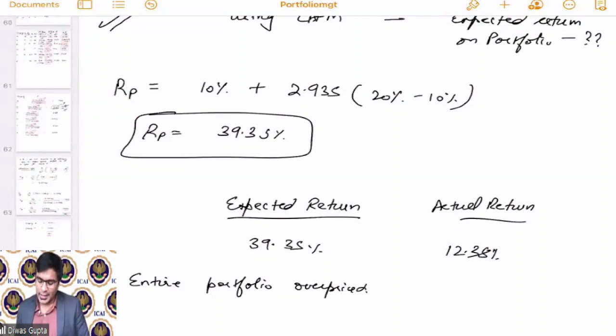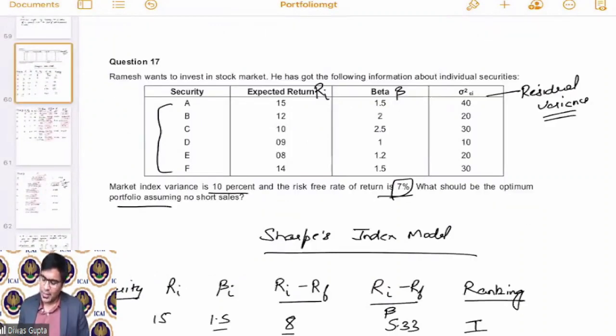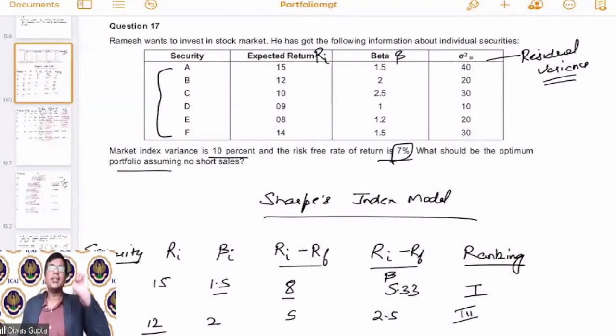Now the assumption was given because, see, there are 2 ways to reduce the risk. One is that you invest in lower risk securities, correct? Or second is you borrow from the higher risk securities or from the zero risk securities and you invest in the lower risk securities. Borrow means you divest or you short sale.